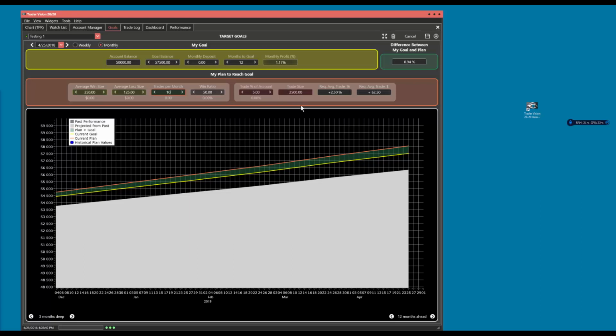That tells you what your trade size is, and it tells you that it would require that on average you have a 2.5% win. So we know that if we're doing a $2,500 trade, our wins have to be 10% wins. If we're doing a $2,500 trade, our losses have to be 5% or less. And those give us parameters that we can use when we're planning our trades and validating our trades.